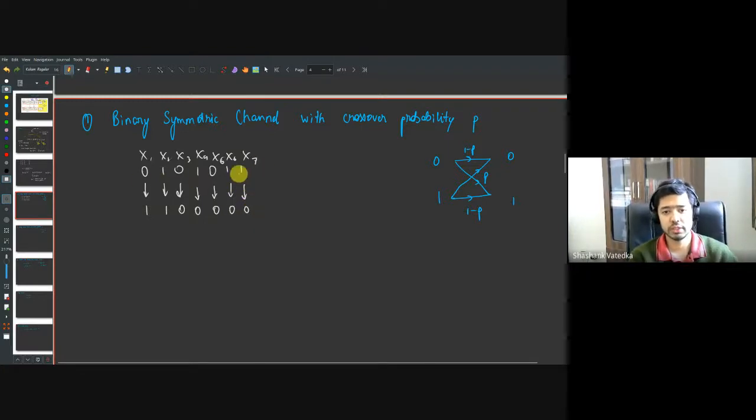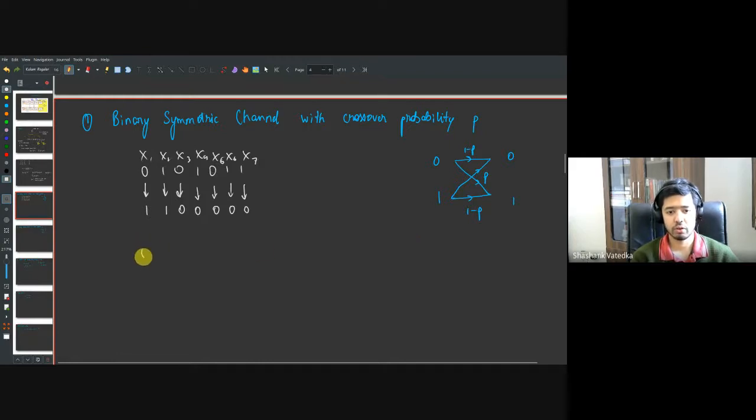This is the input sequence and this is the output sequence. So this is one example. Each bit is flipped, so 0 becomes 1 or 1 becomes 0 with probability p, and it remains as it is with probability 1 minus p.